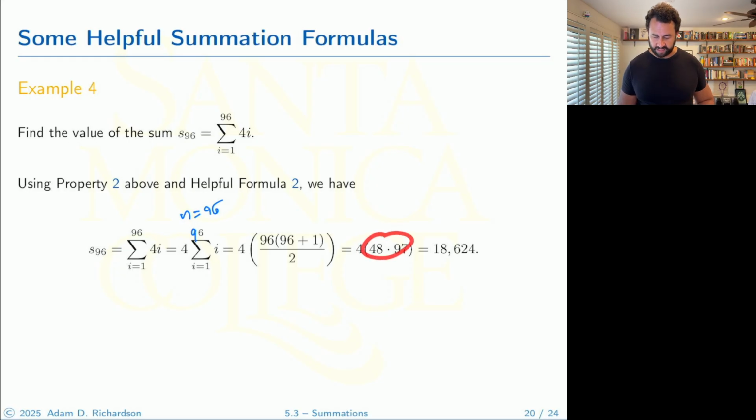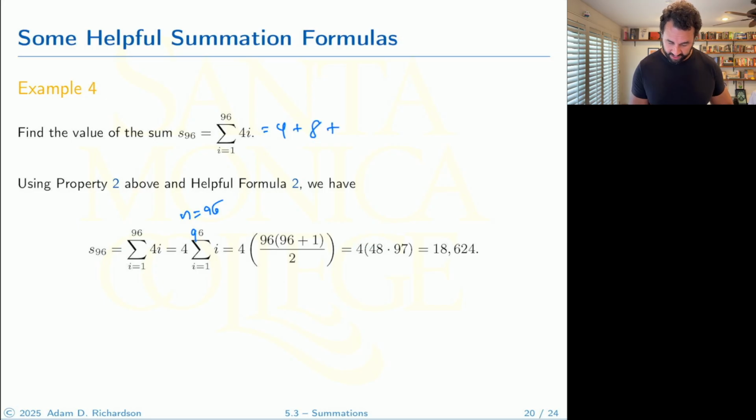But 48 times 97 times 4 is 18,624. Now, again, what's cool about this is we just found the result when you add up these 96 terms. If you think about what this is in expanded form, it's 4 plus 8 plus, oh my gosh, I can't do this math.